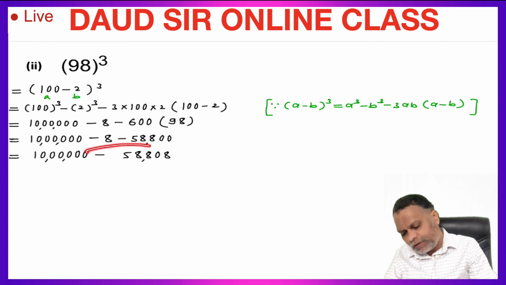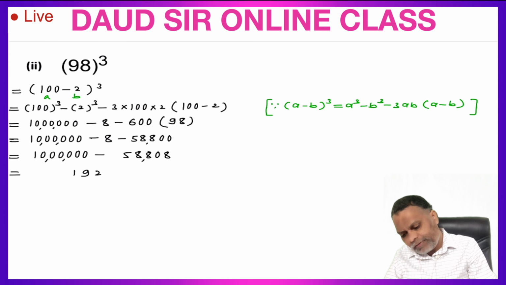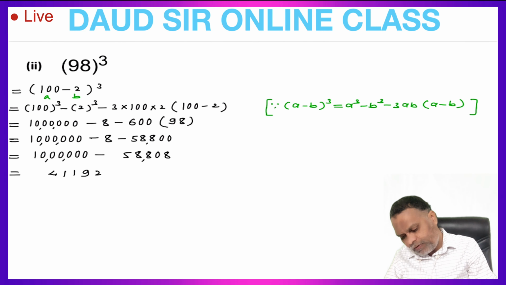Borrow 1. So 10 minus 8, 2. Here 9 left, 9 minus 0, 9. Here 9 left, 9 minus 8, 1, 4th digit. Here 9, 9 minus 8, 1, 5th digit. Here 9, 9 minus 5, 4, 6th digit.